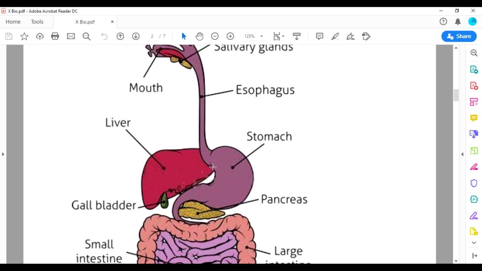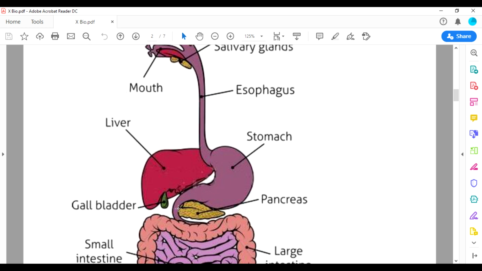This entry of the esophagus into the stomach is under the control of muscular flaps called sphincters. The same sphincter is present at the end of the stomach also.